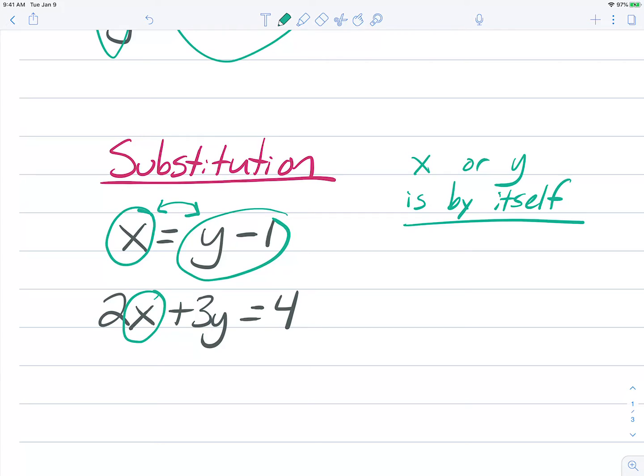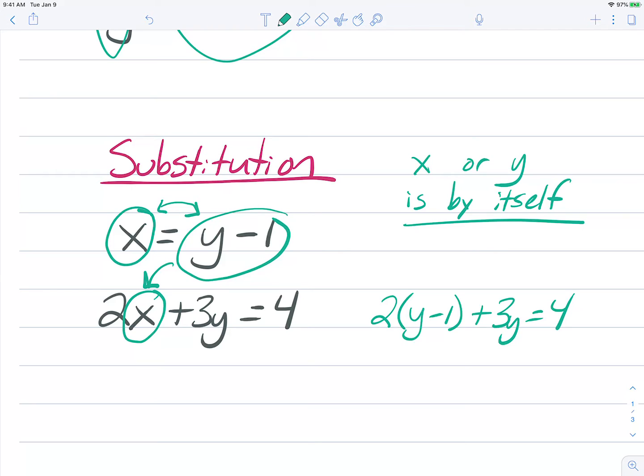So instead of this x, you would plug in y minus 1. So your equation would say 2 times (y minus 1) plus 3y equals 4. You've now just created an equation that has only one type of variable and you can solve for it. So again, if you see an x or y that is by itself, you're using substitution.